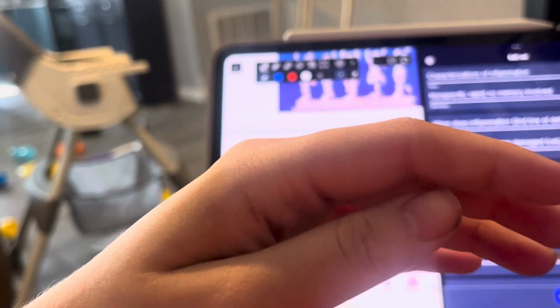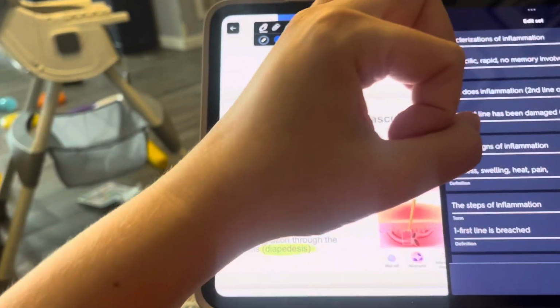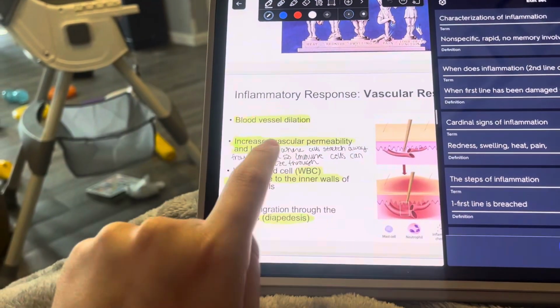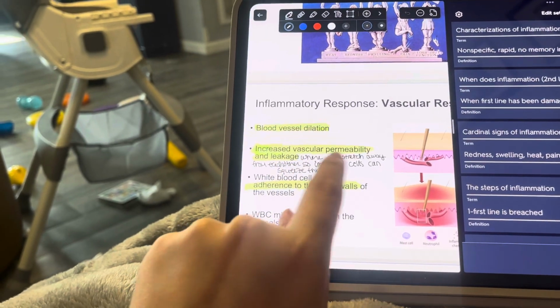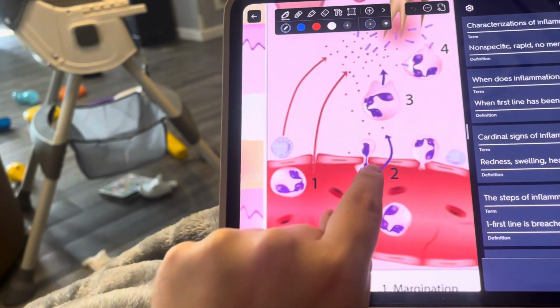Think of a blanket: as you stretch that blanket, the threads that make the blanket get longer and stretch. If it's a knitted blanket, you start seeing those really big holes in the blanket. And that's what this means, increased vascular permeability and leakage, because the gaps here get bigger.